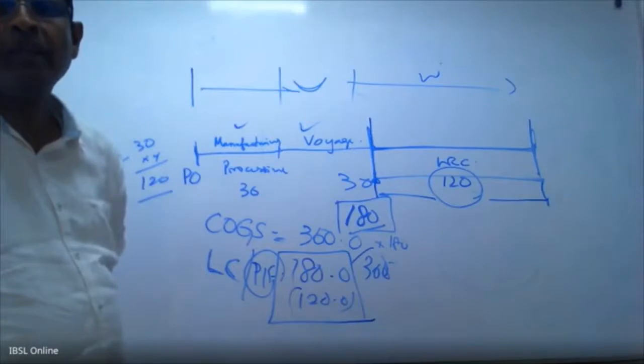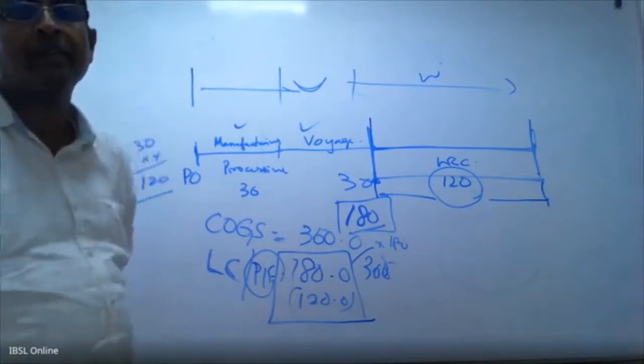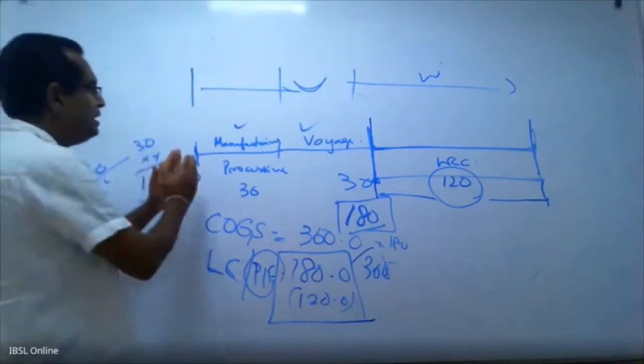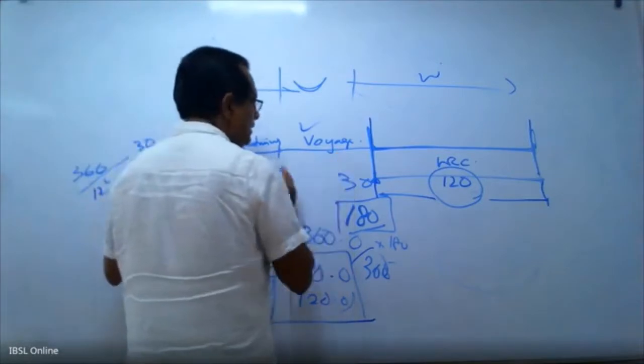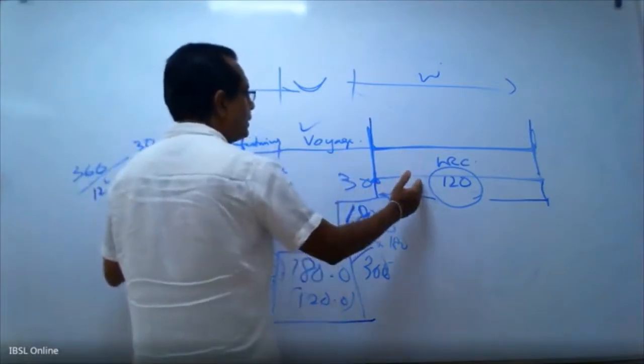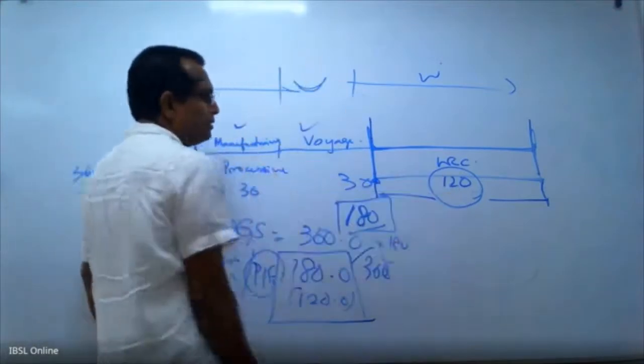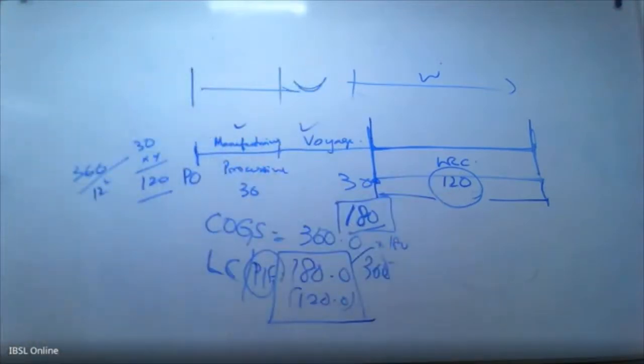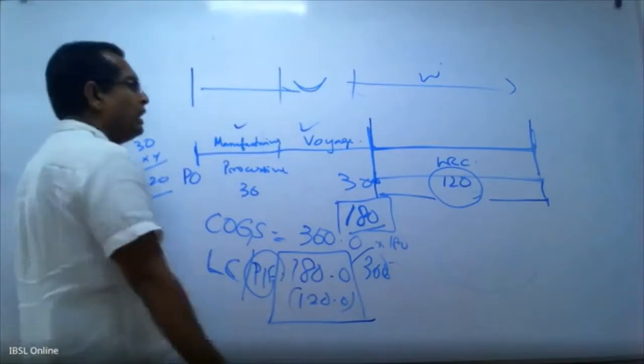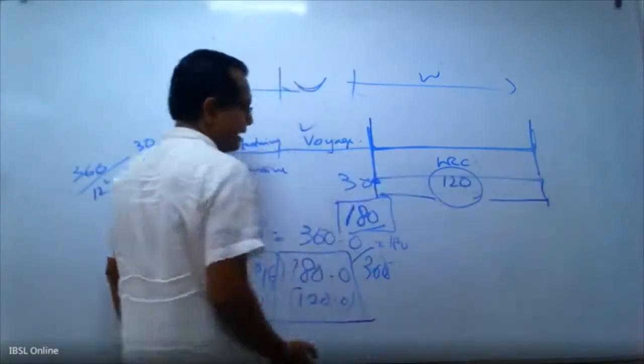How to calculate the LC lines for a customer? You have to get these two figures, add them to the working capital, divided by 360, into the number of days. That is the amount for LCs, because we have to open several LCs before getting our money back.